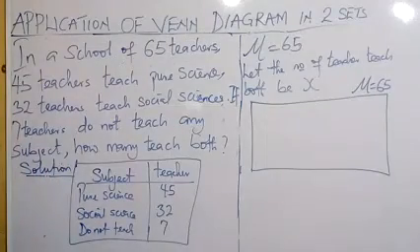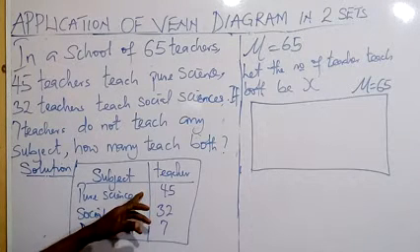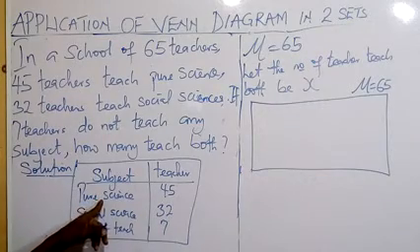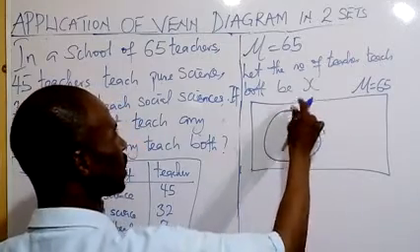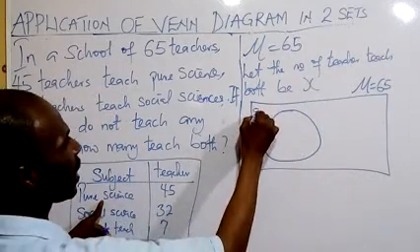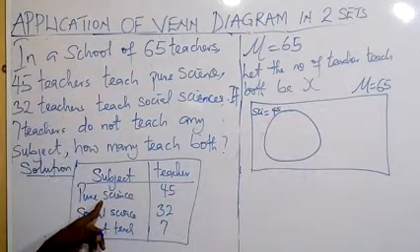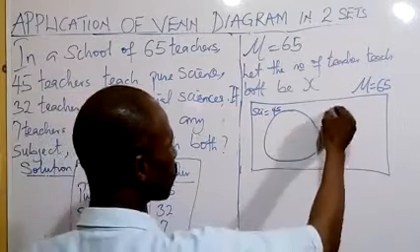Each piece of information, we can represent as a circle in the Venn diagram. The first information is pure science. We draw the circle for pure science, and we have 45 teachers. The second one is social science. Draw another circle.